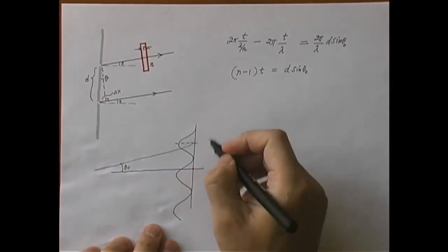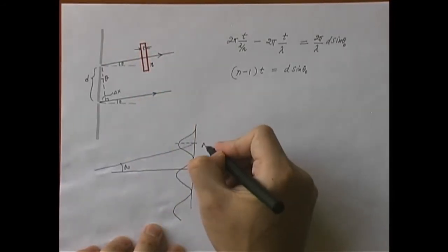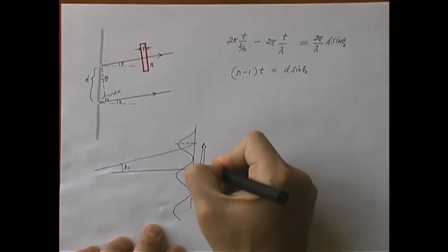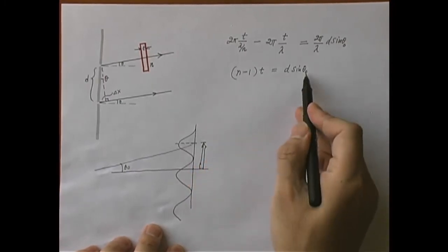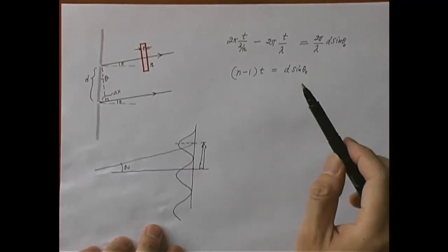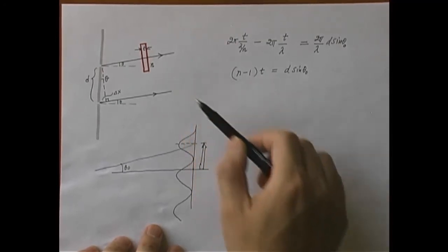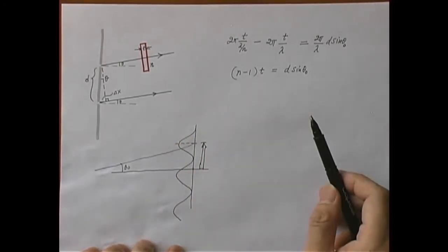This is the new center. So there is a shifting if you insert the glass slab. You see the entire pattern shifting from here to there, and that is how we determine this angle theta naught. So this is another example just to illustrate how we might change the phase of a wave by inserting a piece of glass slab.